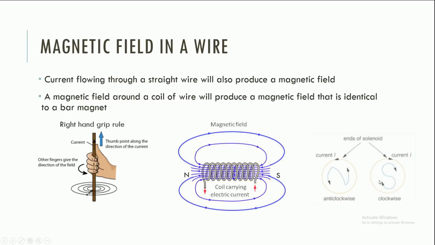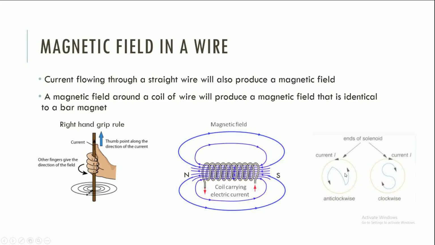And so that would suggest that it is the south pole in that end. So that is a pretty handy way of knowing the north and south poles created by the magnetic fields of a coil of wire carrying a current in a certain direction.